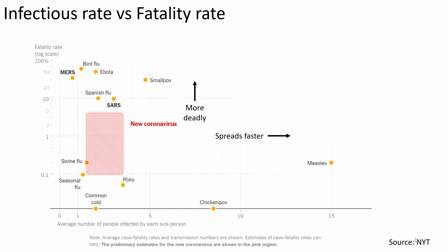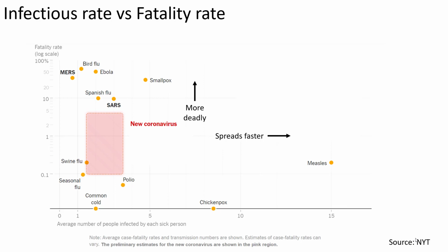This is a scatterplot of infectious rate on the horizontal scale and fatality rate on the vertical scale of different diseases from the New York Times. A disease that spreads faster is on the right side, and the disease that is more deadly is in the upper side.